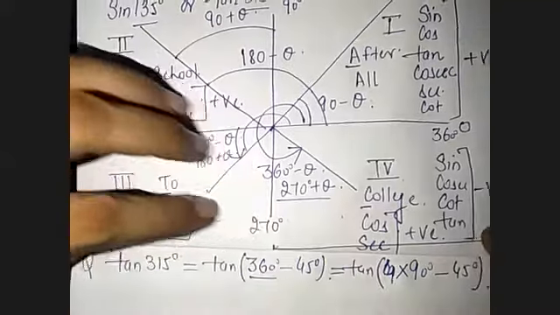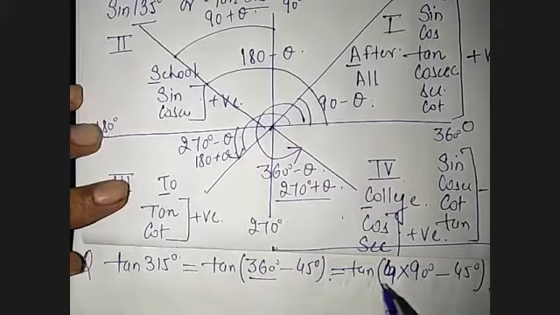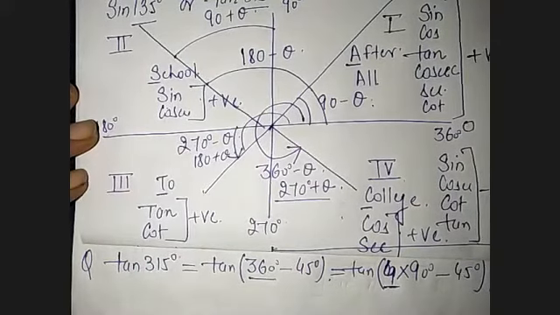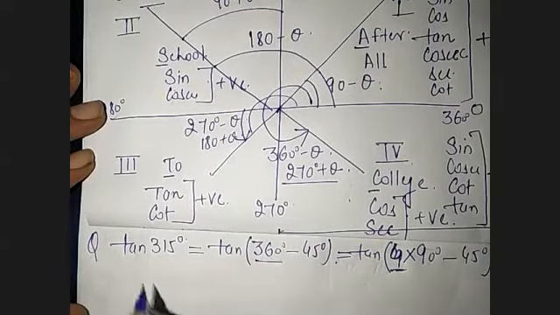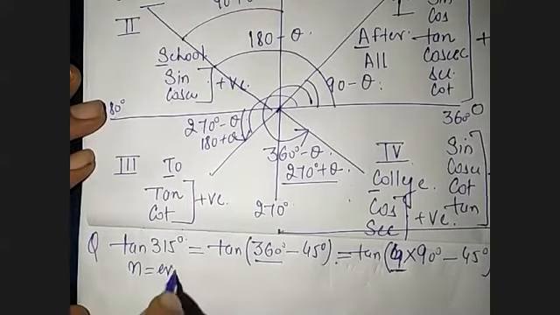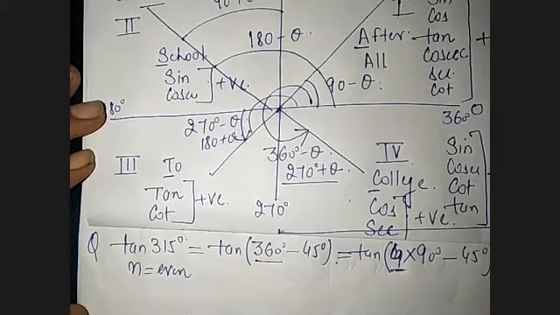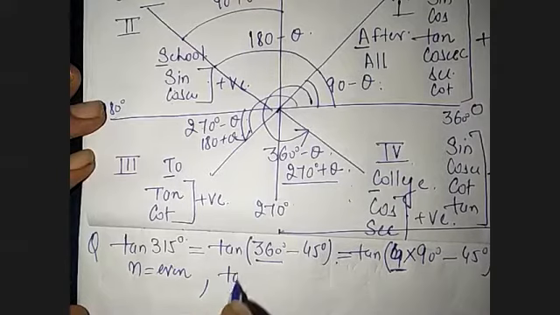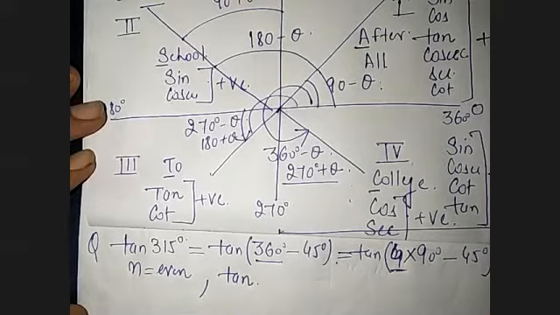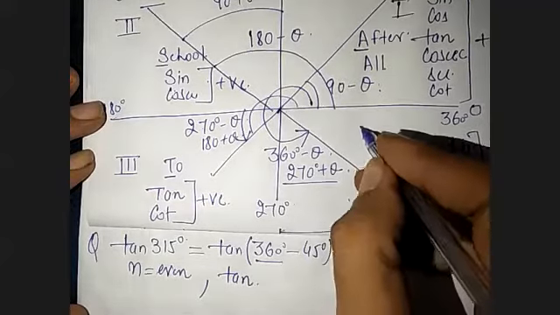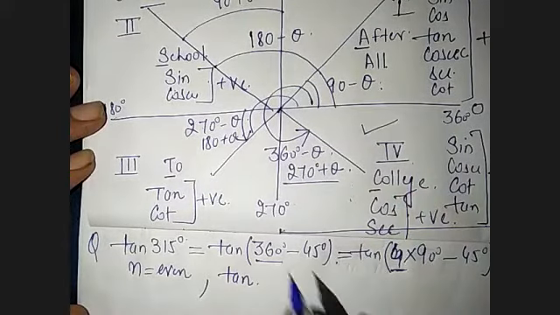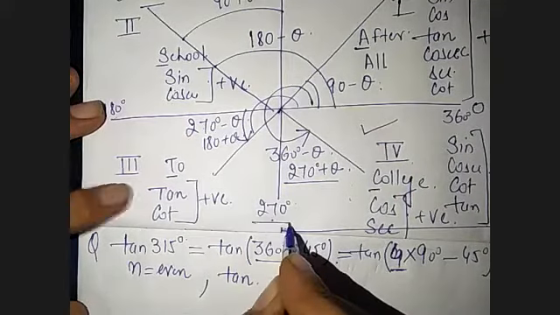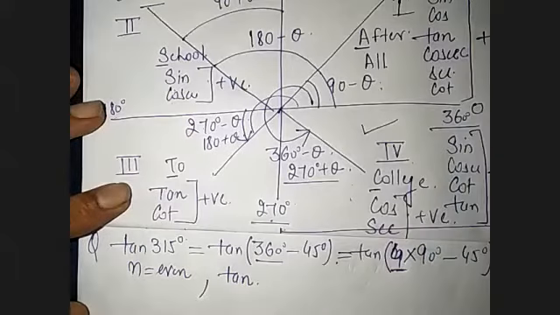Now what is this n? n is an even number. So n is even, which means tan will not change to some other trigonometric ratio. Tan will remain tan. Before we write it, we need to see where 315 degree comes. It comes in the fourth quadrant, because the value is more than 270 degree and less than 360 degree.